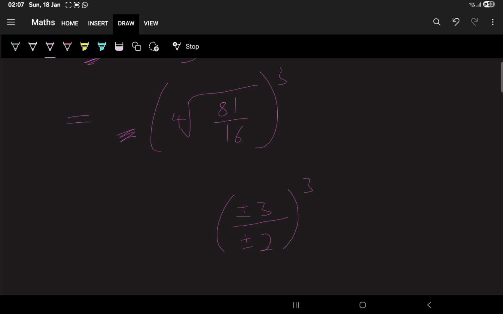Now you may be wondering, why do we have a positive or negative 3? That's because if you take 3 raised to the power of 4, you have 81. So also if you take negative 3 and take it to the index of 4, you will also have 81.